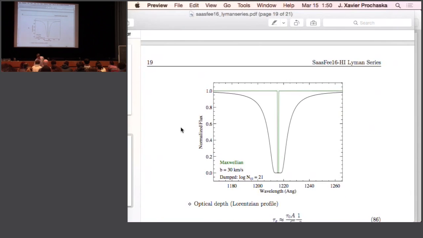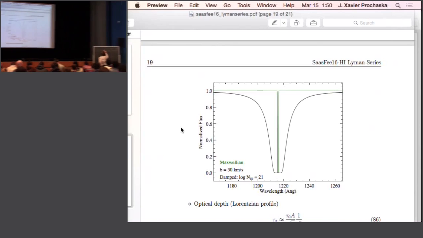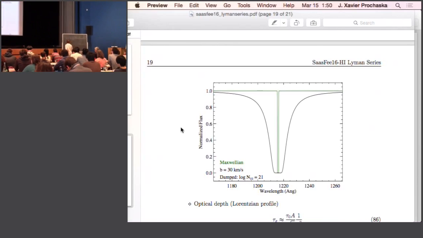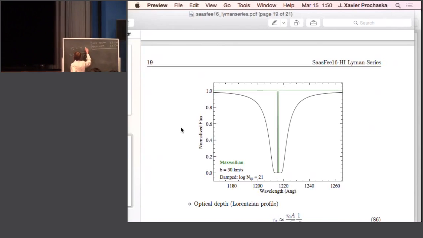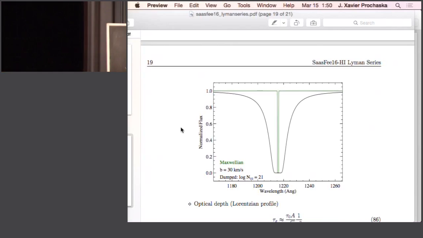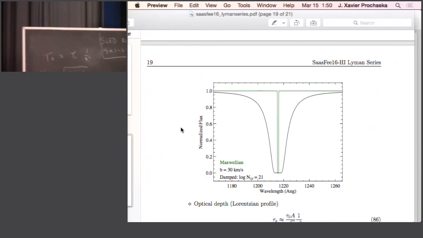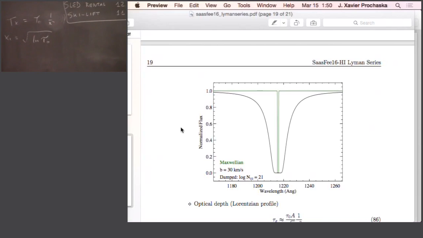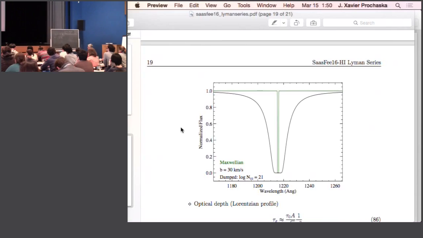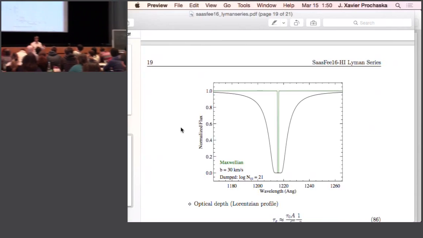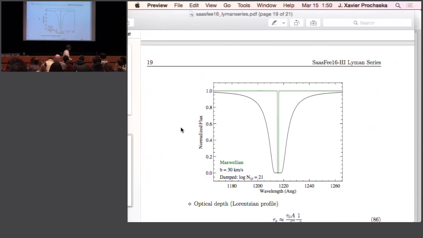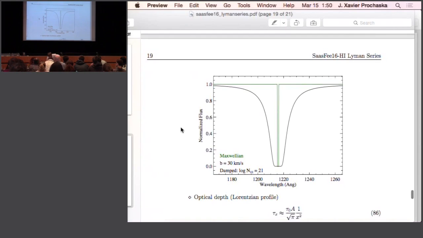Now tau of x goes not like this Gaussian, but like our Lorentzian. So tau goes like 1 over x squared, essentially. And we can ask how far out into the wings we have to go until we hit an optical depth of order unity, which would be where the flux would no longer be significantly absorbed.